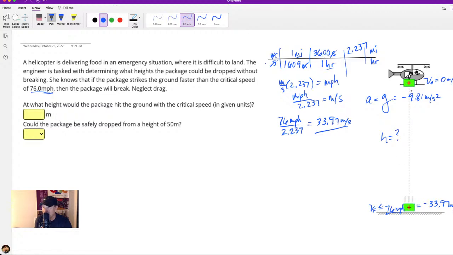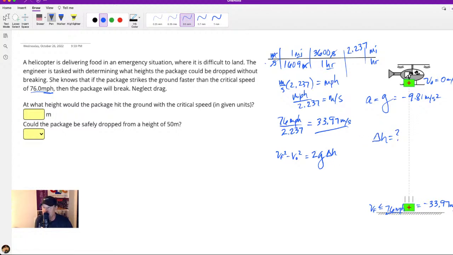We don't know the time it takes for it to fall, so we can't do an average velocity thing. But we do have one of the kinematic equations that says V final squared minus V initial squared equals 2a change in distance. So we're going to call this change in height. Our acceleration is g, so 2g change in height. Change in height is what we're looking for.